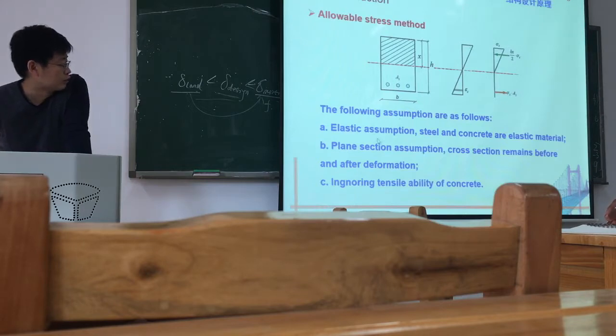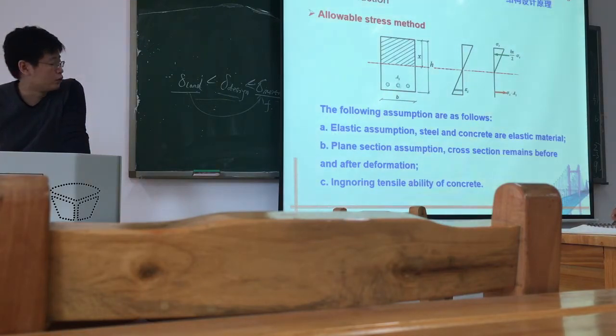Because in this method we use the elastic assumption, the concrete is still treated as an elastic material, so the relation between strain and stress is a straight line. But actually, concrete is a plastic material, it's not elastic. So in the real situation, the distribution of the stress or strain is not like this. It should be a curve like this.